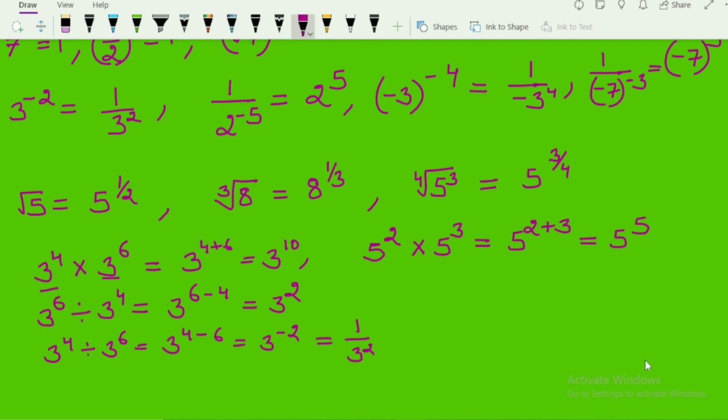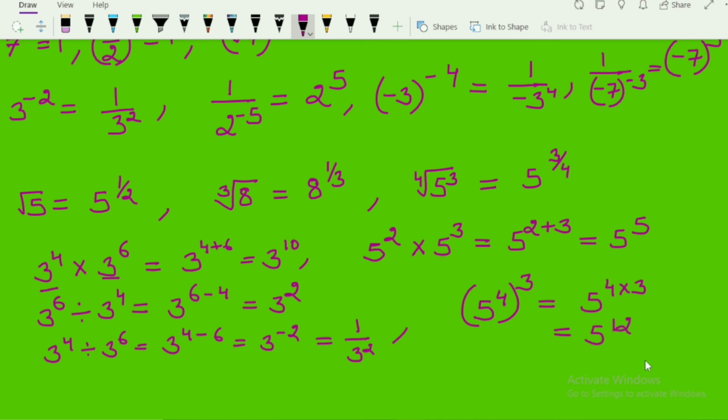Next we are coming to another example. We have 5 to the power 4 whole to the power 3. In this case we simply multiply the powers. 5, 4 into 3, we get 5 to the power 12.